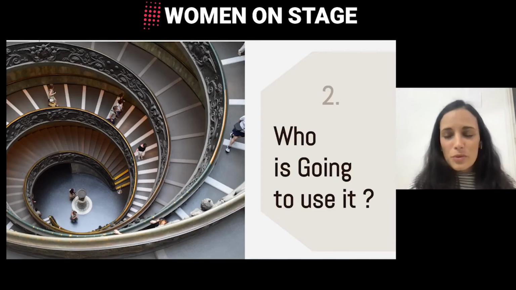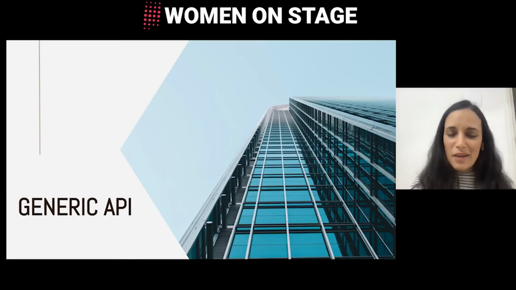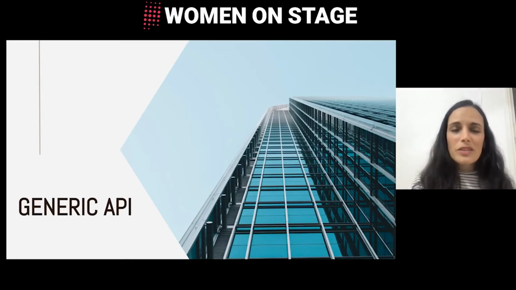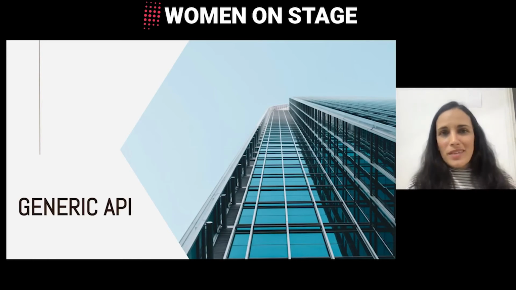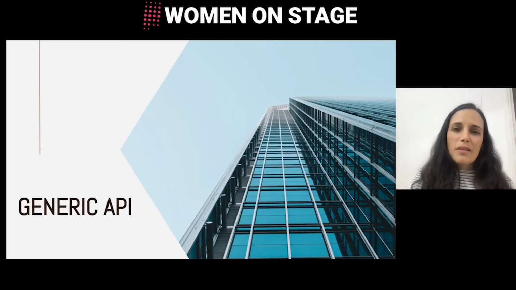Guiding question number 2: who is going to use it? In a different company, my team was responsible for designing a new and improved API for one of our services. We had a really long list of requirements. So again, we sat down to design the new API. Some of the requirements were for the API to be very generic.